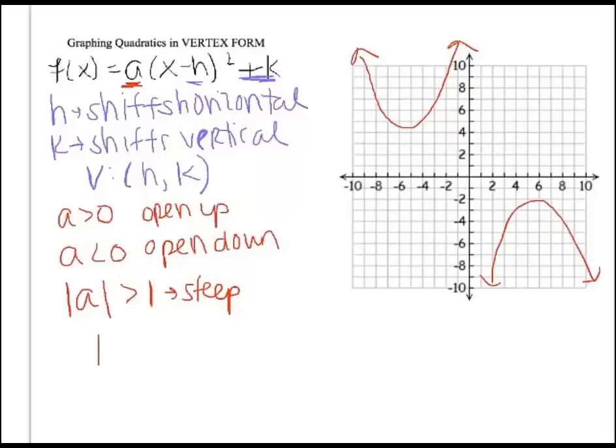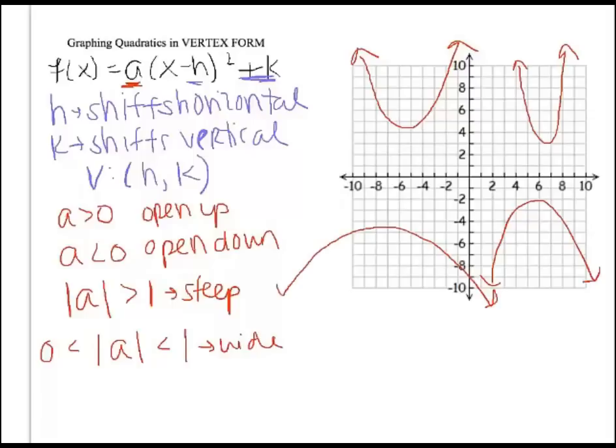And if the absolute value of a is some sort of fraction, right, meaning that it's between 0 and 1, some sort of proper fraction, then that's going to make it a little bit wider. So a parabola that is steep could look something like this, awfully skinny, right? And a parabola that is wide would look something like that.